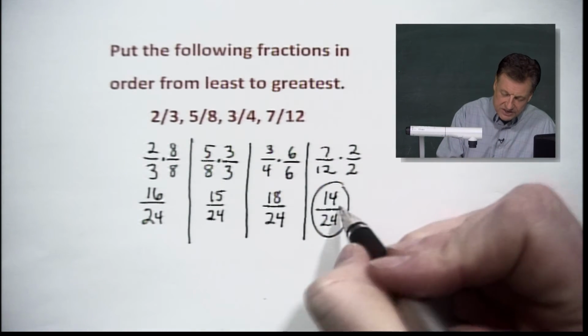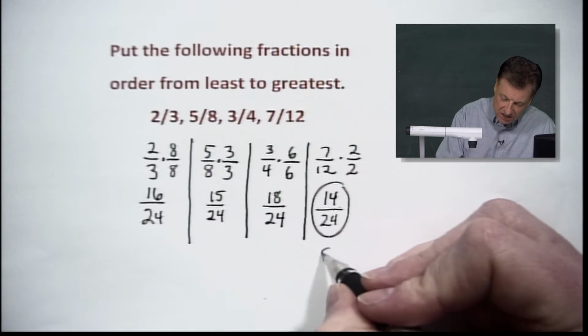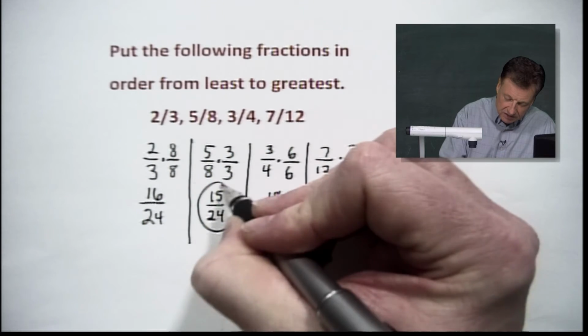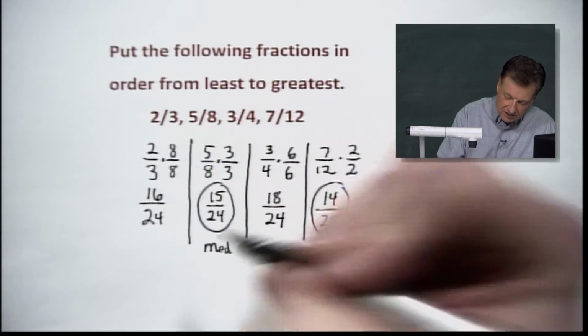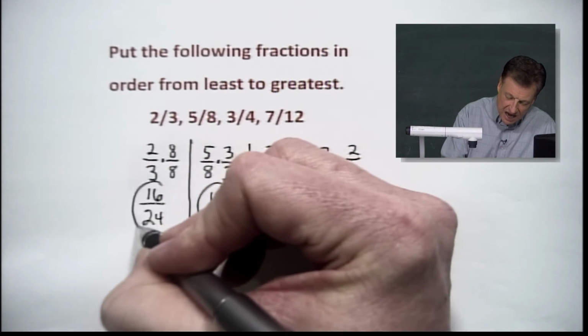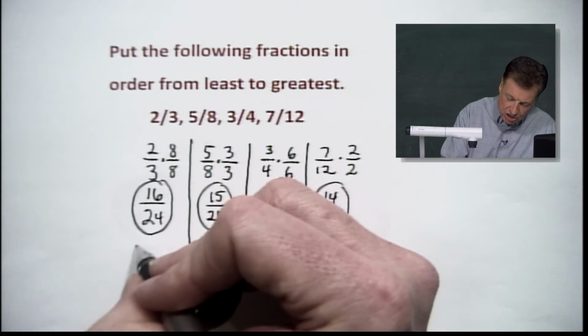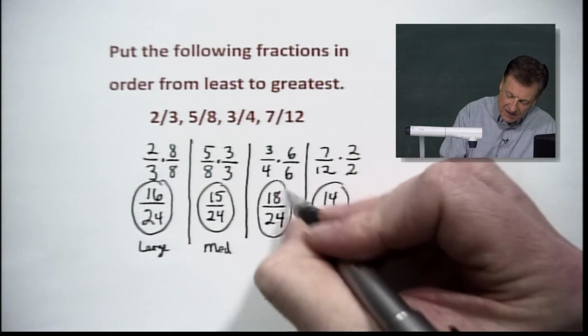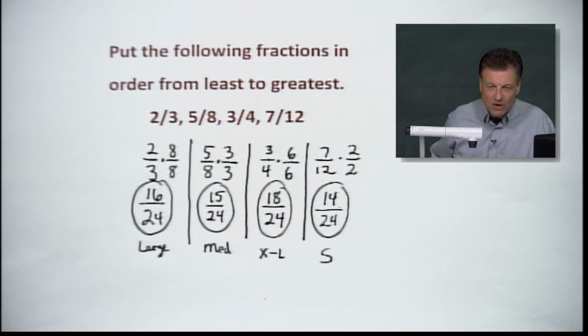But right now we got the 14 here, so that is our smallest. We'll say this one is our medium, okay? This one is our large. Shirt sizes, you know. And then finally we have our XL there in that order.